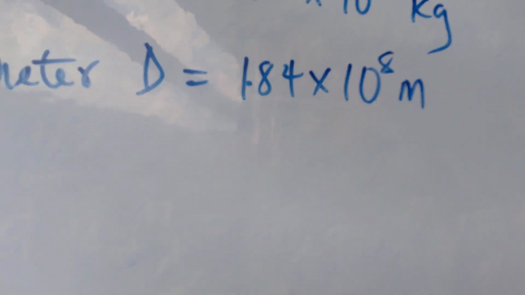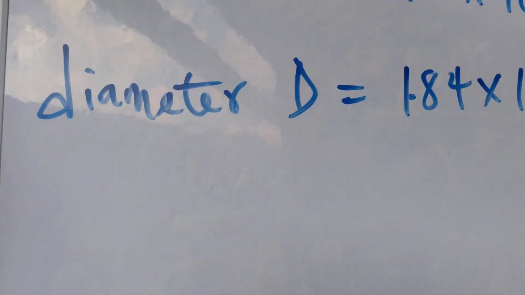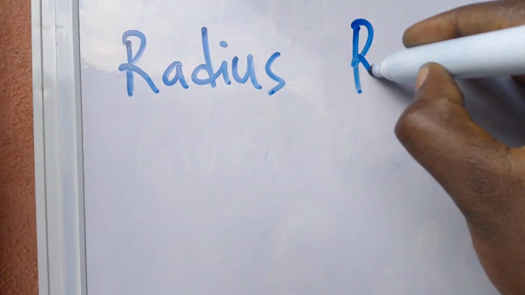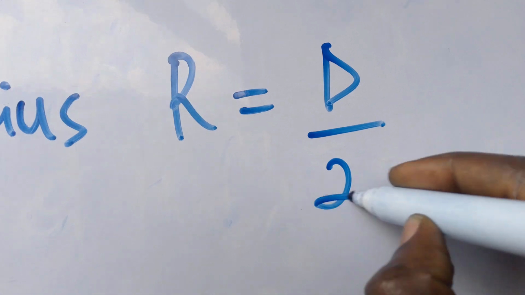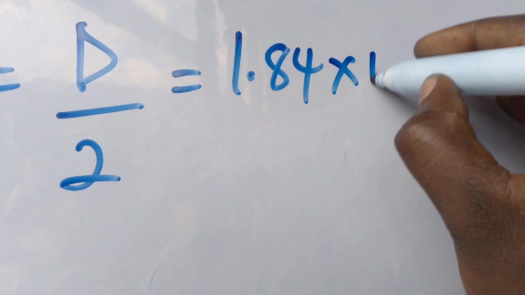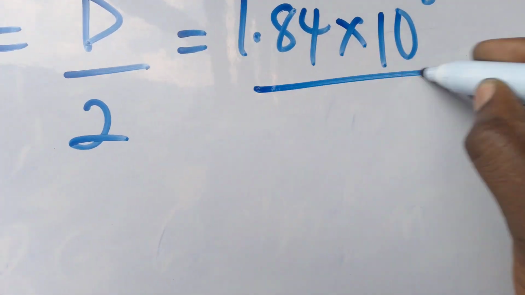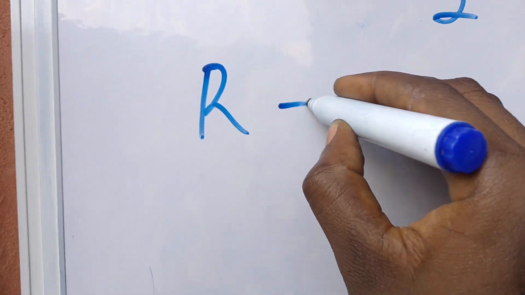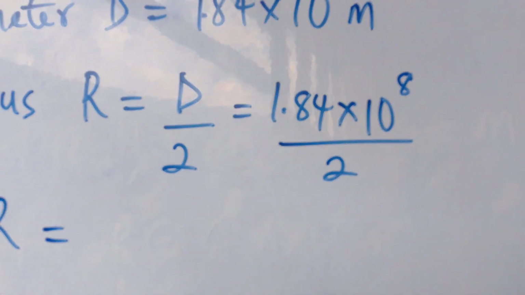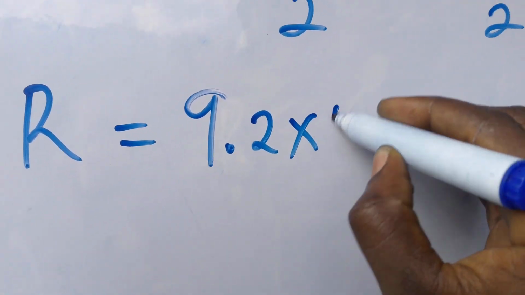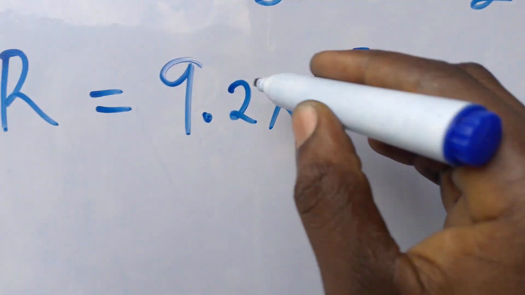Okay, so you look for the radius. Your radius r is diameter over 2. That's half of the diameter, which is 1.84 times 10 raised to power 8 divided by 2. So my radius r will be 9.2 times 10 raised to power 7 meter.